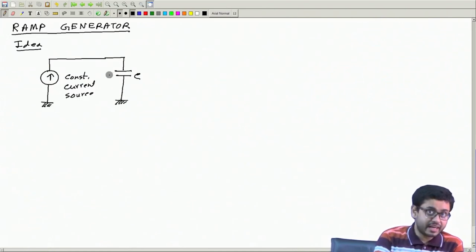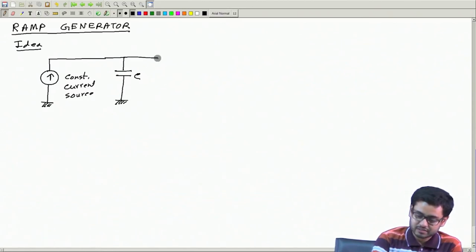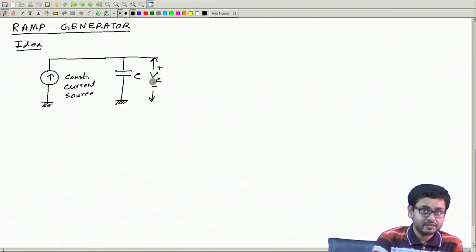This current is constant, which means the voltage across this capacitor, call it V_C, will increase linearly, right?